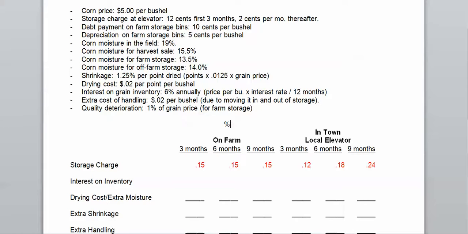Our corn price is $5 a bushel. We're going to multiply that times 6% or 0.06, and then divide that by 12. So 6% of $5 is 30 cents. We divide 30 cents by 12 to get a grand total of 2.5 cents a month.